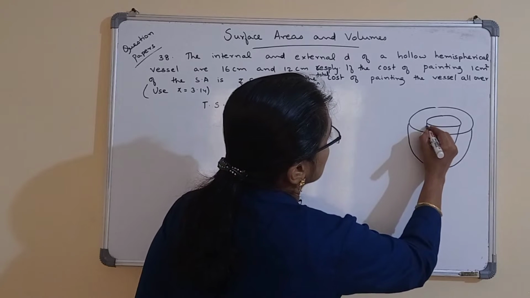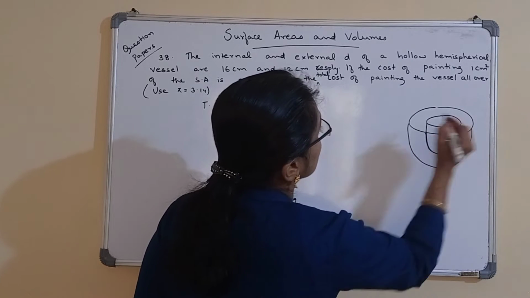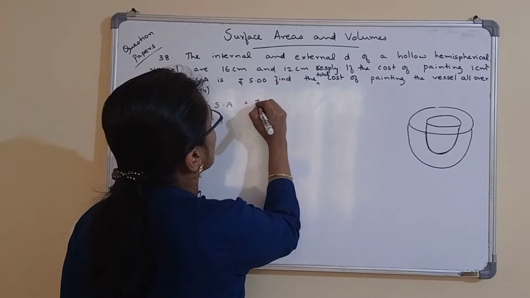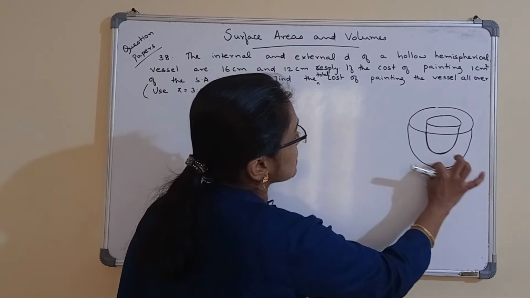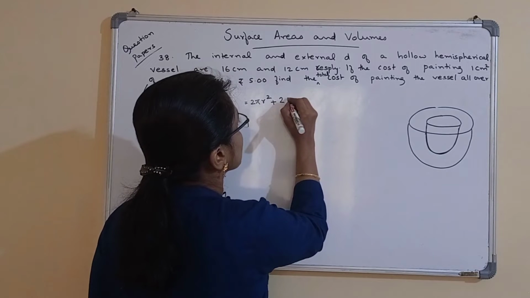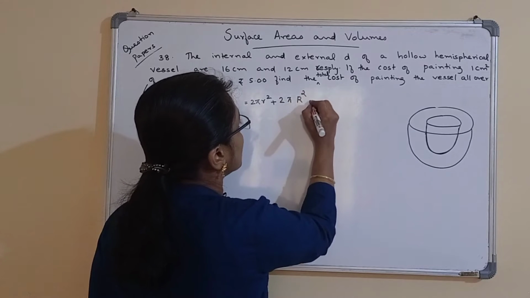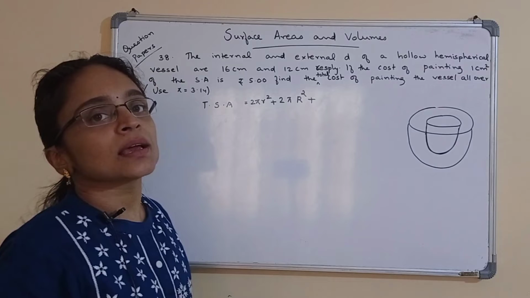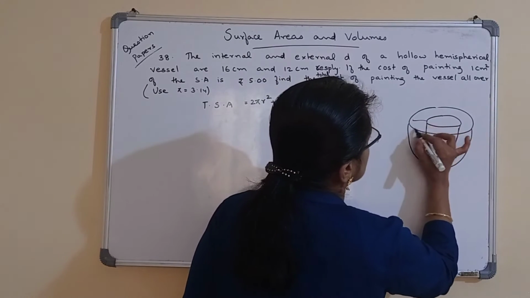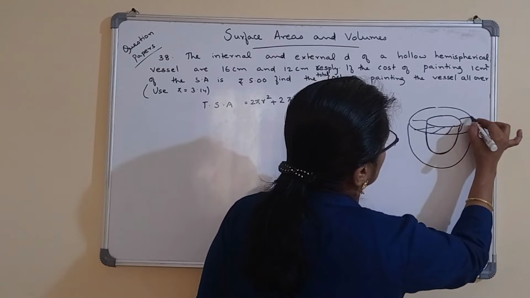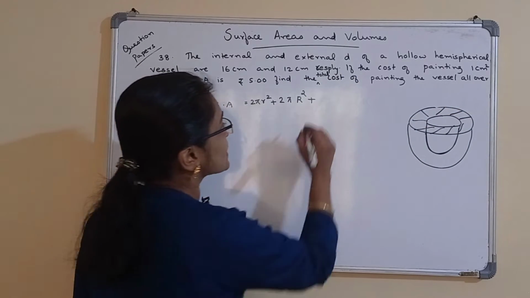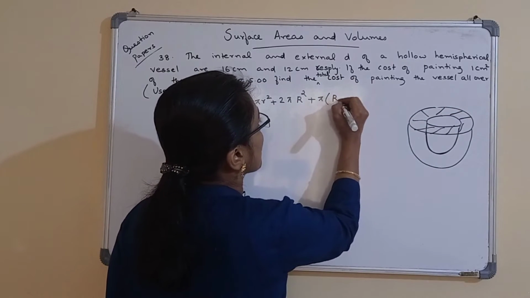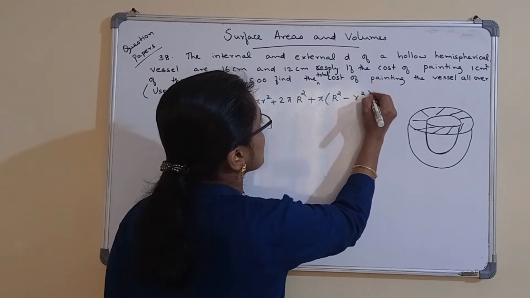It is this curved surface area, which is 2 pi r square plus this curved surface area. We can take it as capital R square plus this area. And what is that area? It is pi into R square minus r square.